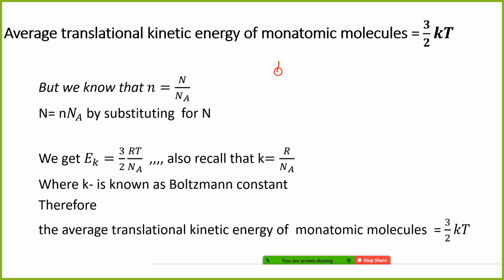If we know that the kinetic energy is equal to half m times the mean square speed, being equal to 2/3 times n times RT divided by n, then I can manipulate the equation to find the root mean squared.